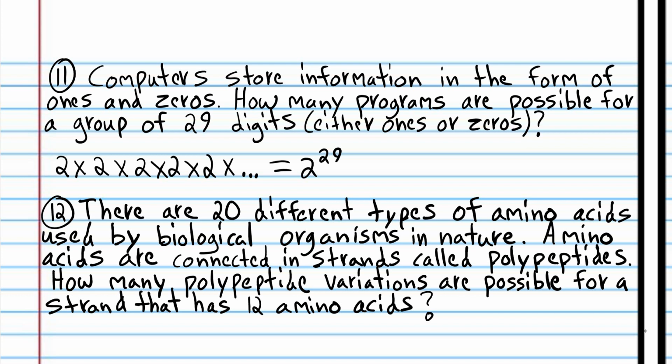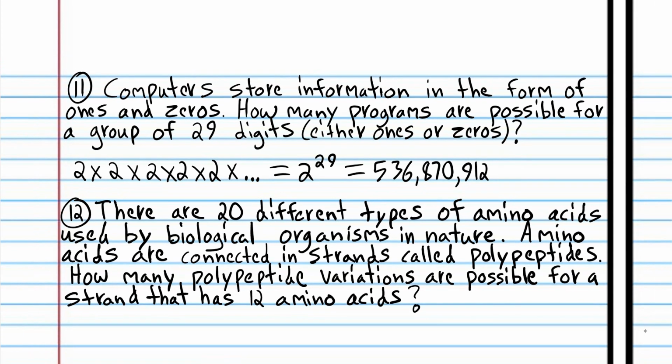And we're going to use the calculator to figure that out. So 2 to the 29th power is equal to 536,870,912 programs. That's just one name that you can use for the things that we're counting.